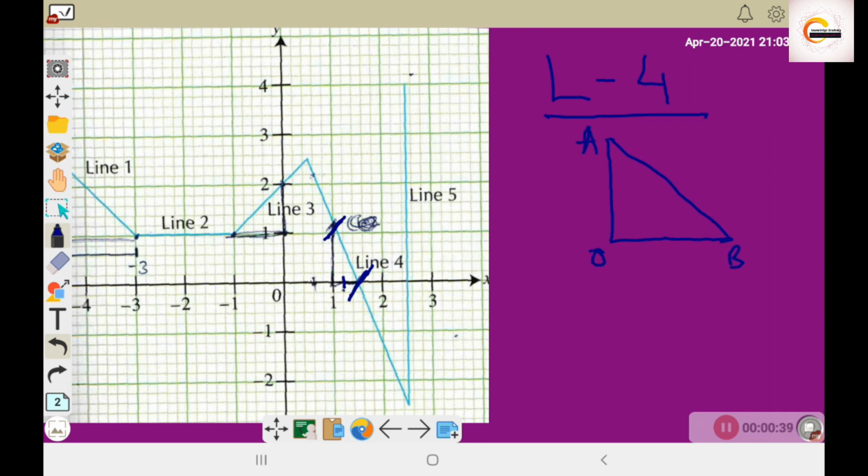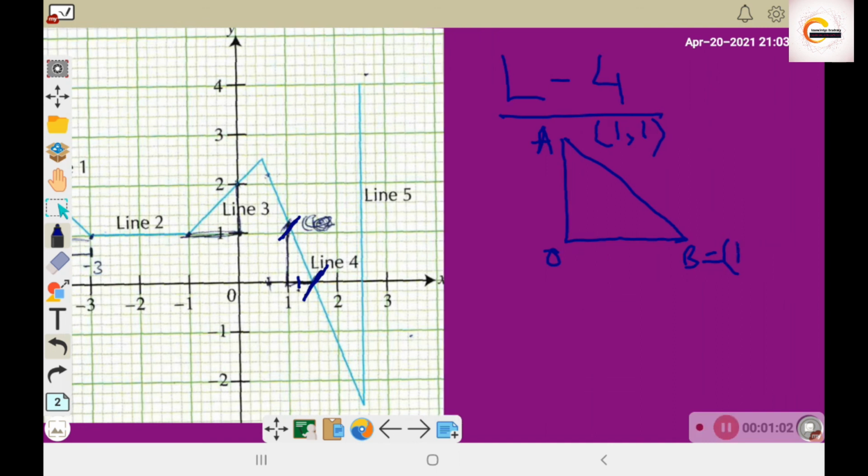One point is A, another one is the one which cuts the x-axis at point B, and the last one is O. So the point A is (1, 1), and point B, as it's on the x-axis, is going to be 1.5 and y will be 0.